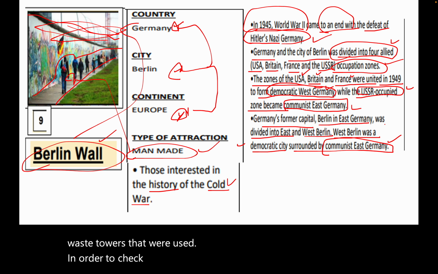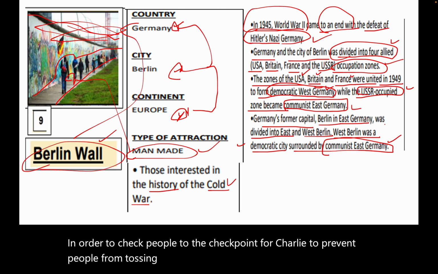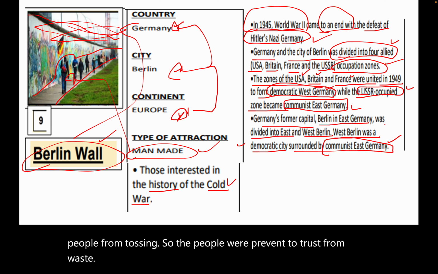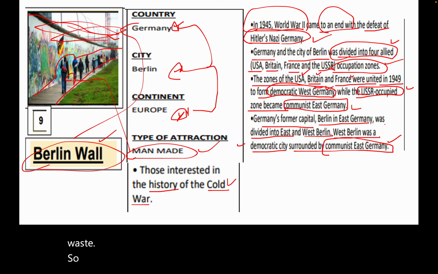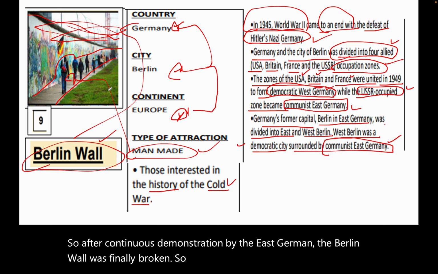There was Checkpoint Charlie, to prevent people from crossing from the west. After continuous demonstrations by East Germans, the Berlin Wall was finally broken down in 1981.